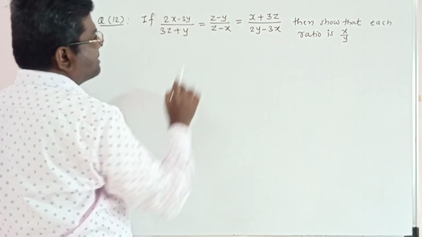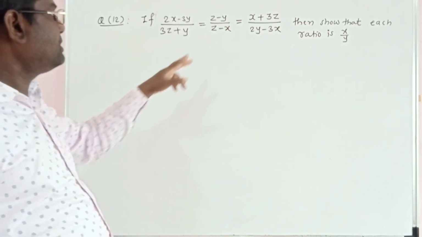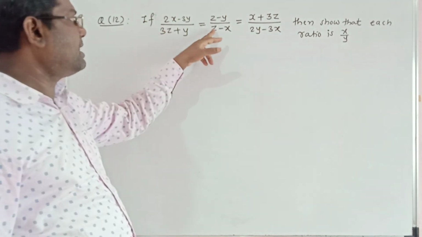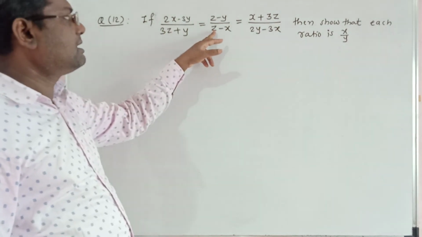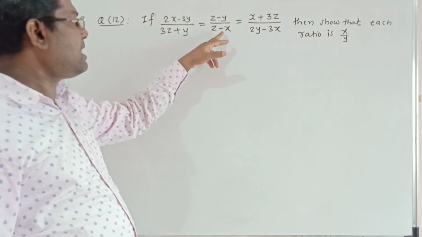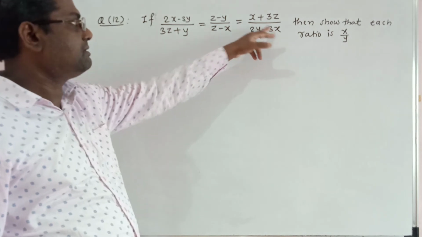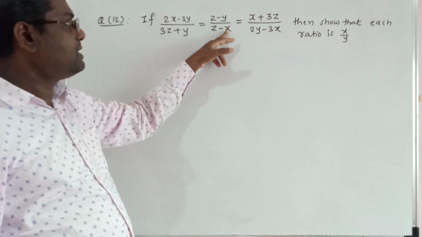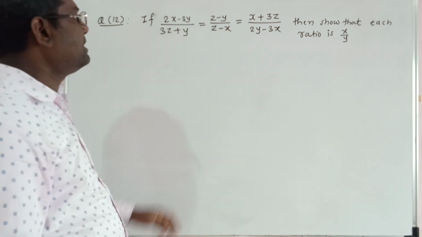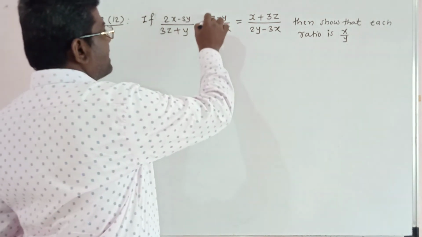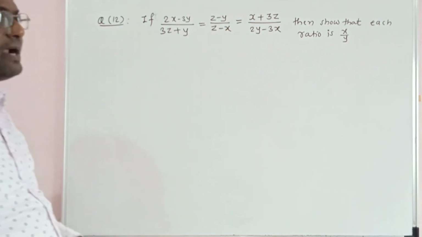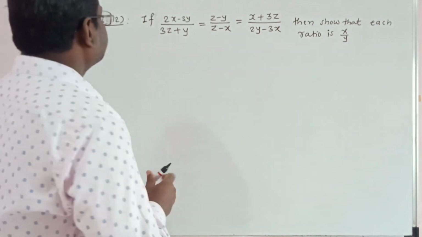So for the middle ratio, in order to eliminate this term z, here is a 3z, therefore here must be minus 3z. Therefore this z must be multiplied by minus 3. And now here is minus 3x, therefore here must be plus 3x, therefore this minus x should be multiplied by minus 3. This means the numerator and denominator of the second ratio must be multiplied by minus 3.